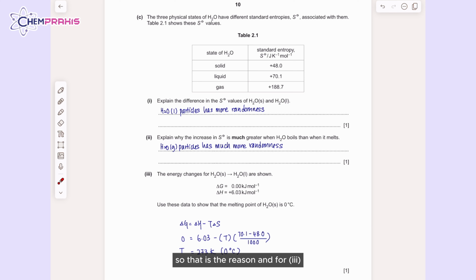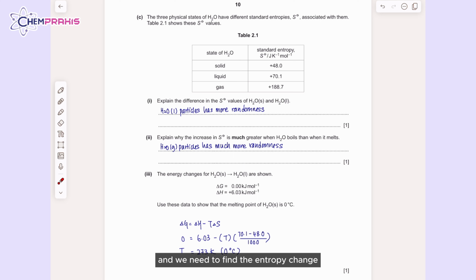And for Roman 3, the energy changes for ice to water are shown. Use this data to show that the melting point is 0 degrees Celsius. So in order for the reaction to be feasible, the delta G needs to be 0. So we put 0 here. And this is 6.03 according to the value given, and we are trying to calculate the temperature.